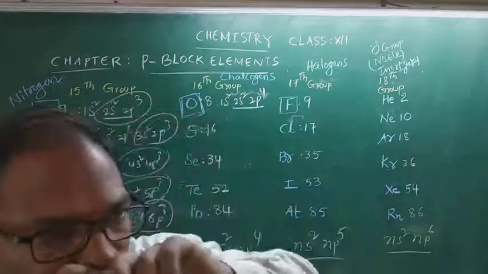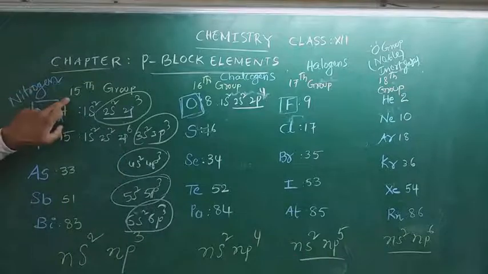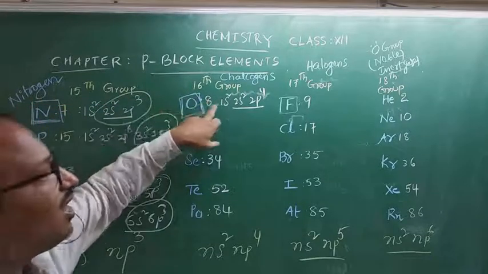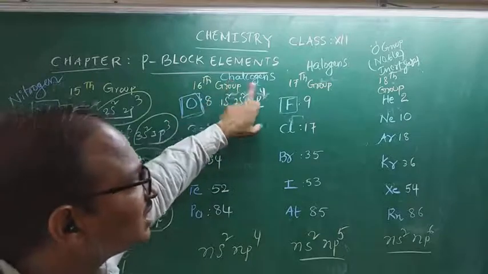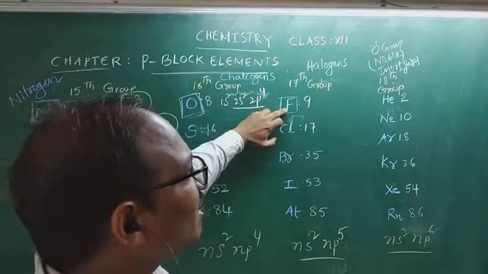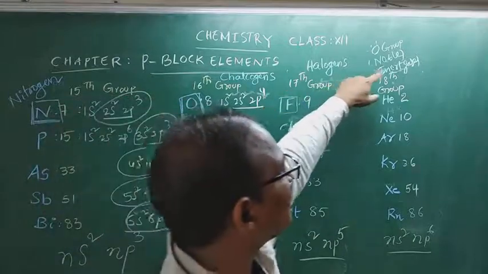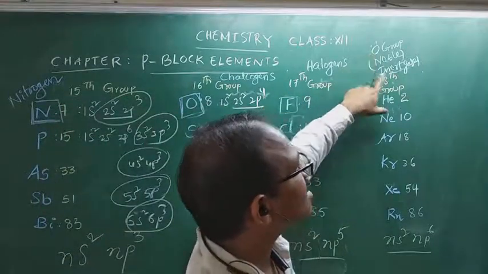I am reminding you once again, 15th group elements are called nitrogen family or nicogens. 16th group elements are called oxygen family or chalcogens. 17th group elements are called halogens. And 18th group elements are called noble gases or inert gases.